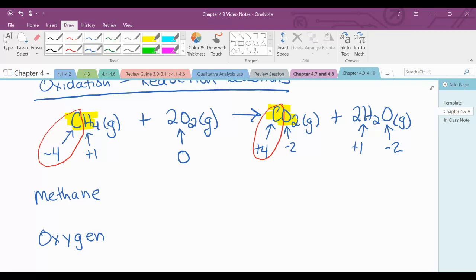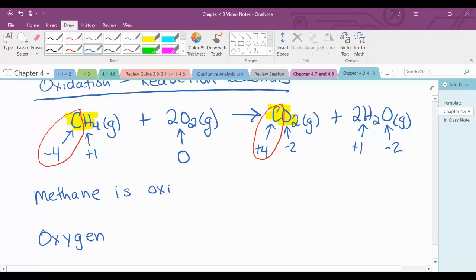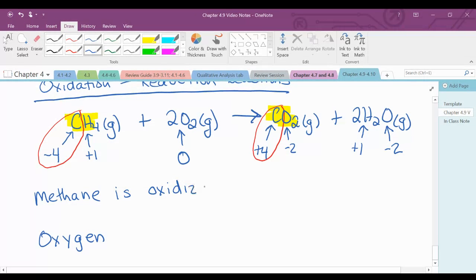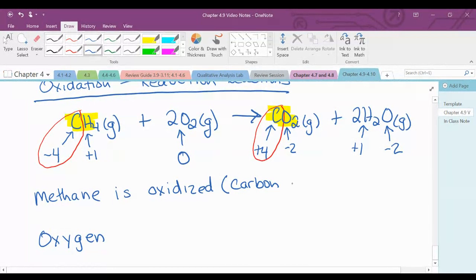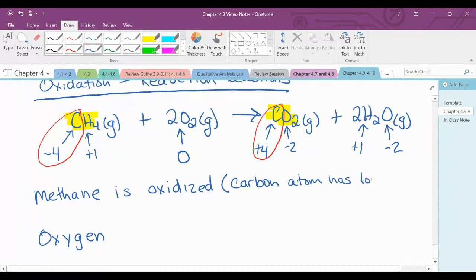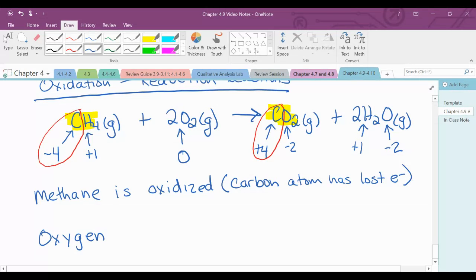And so we have gone from a negative 4 to a positive 4, which means that carbon has lost electrons. So methane is oxidized. Oxidation is loss.